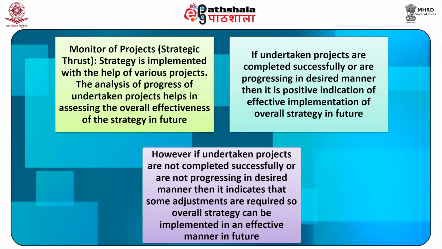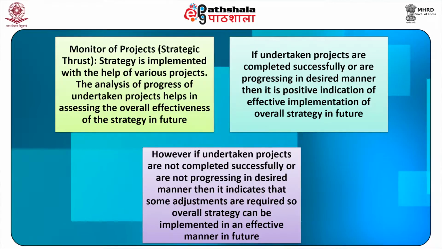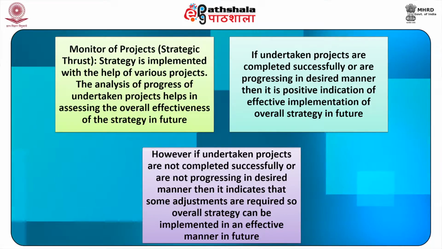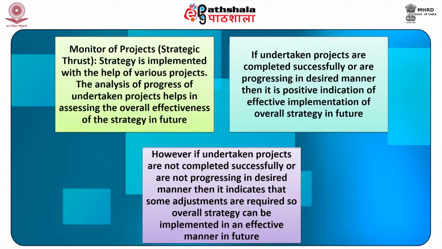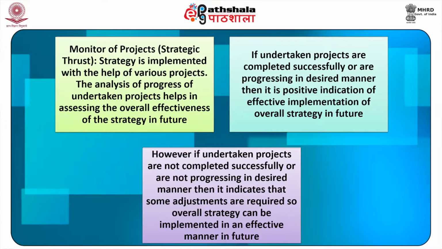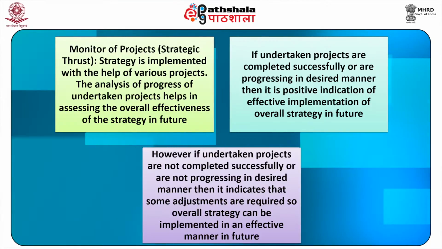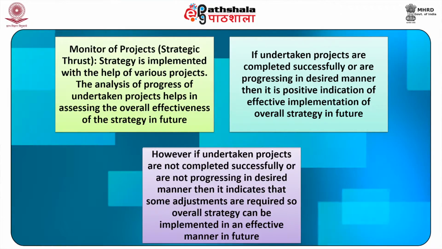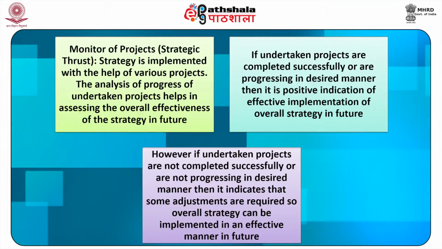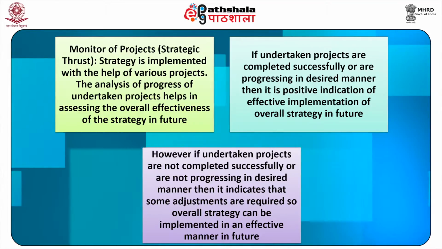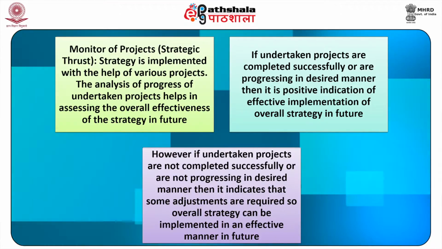If undertaken projects are completed successfully or are progressing in a desired manner, then it is a positive indication of effective implementation of overall strategy in future. However, if the undertaken projects are not completed successfully or are not progressing in a desired manner, then it indicates that some adjustments are required, so overall strategy can be implemented in an effective manner in the future.